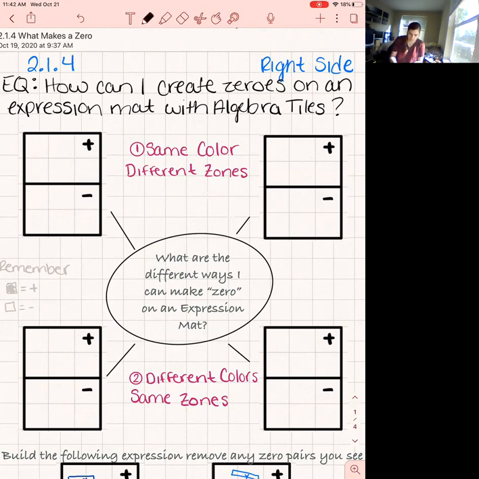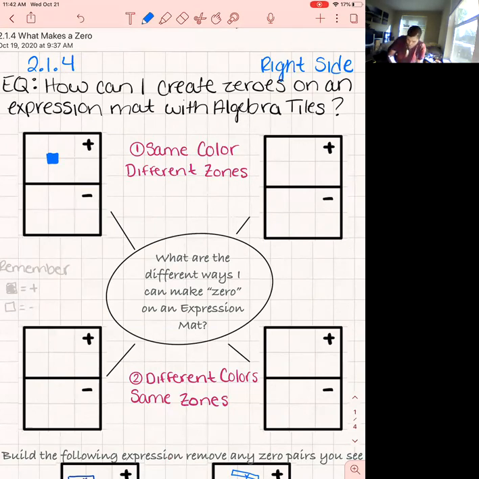The first way is if we have the same color tiles, but they're in different zones of our mat. So I could have a blue tile in the positive zone. Remember, everything in the positive zone is what it says it is. So if it's a positive tile in the positive zone, it's a +1.